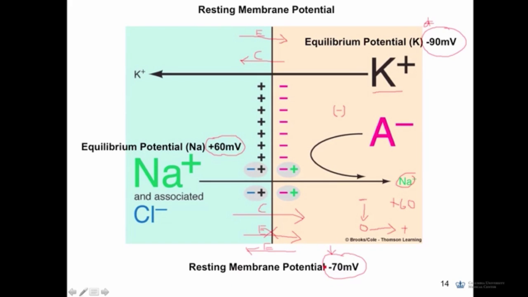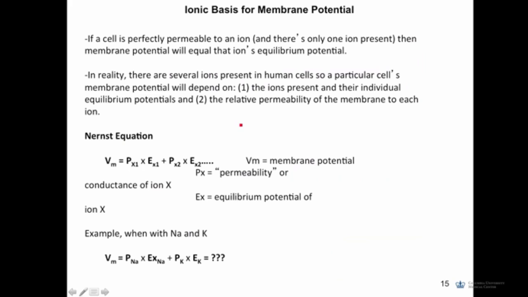Because resting membrane potential is determined really by the composition of the ions. So resting membrane potential is really dependent on the ions present and their individual equilibrium potentials, but it's also dependent on the relative permeabilities of the membrane to each ion.